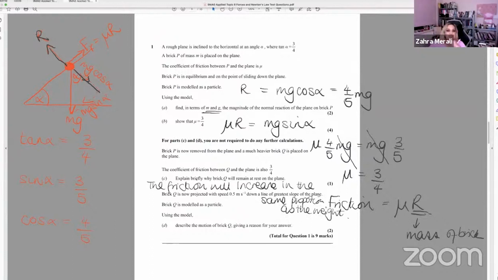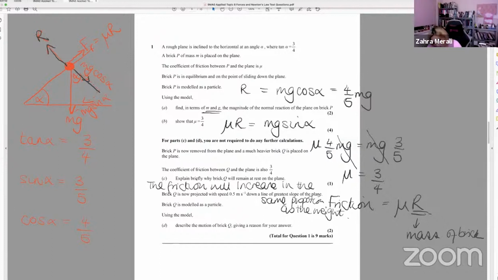So then it says brick Q is modelled as a particle. Using the model, describe the motion. Okay, so it's now projected down. Sorry, I missed that bit. So it's going down the slope and describe the motion. So it's going down the slope at a speed, but there's still no acceleration.